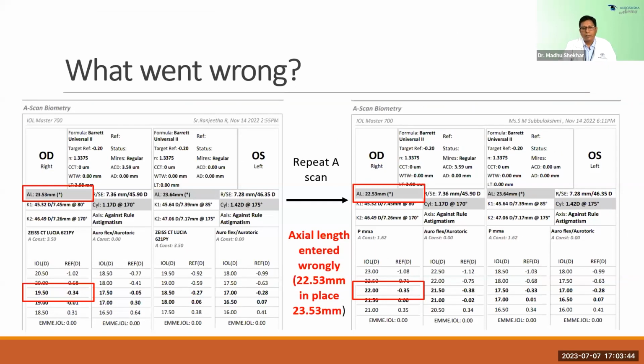When the patient was sent back for a repeat A scan for PMMA IOL calculation, instead of putting 23.5 millimeter axial length, the biometrist put 22.1 millimeter. So there was a transcription error. Instead of 23.53 millimeter, it was wrongly written as 22.53.